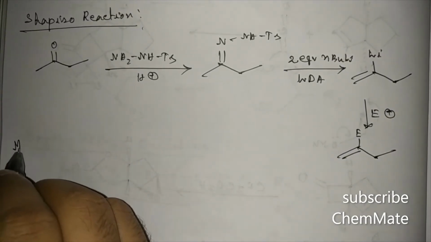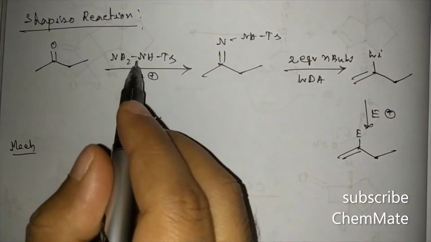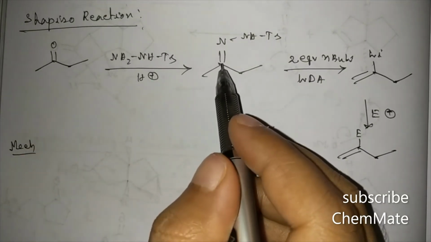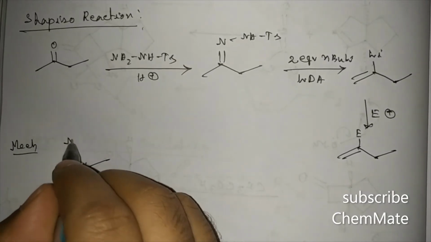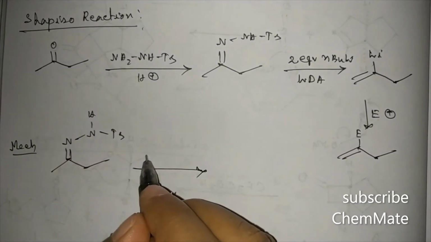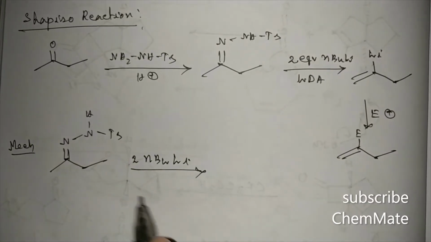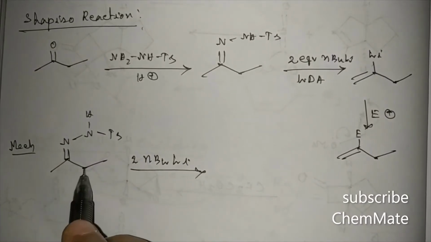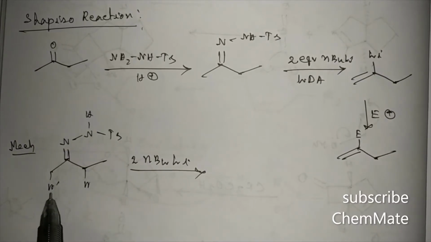So we'll discuss the mechanism. You all know the reaction between the tosyl hydrazide and the ketone. Here one molecule of H2O will be removed and a double bond will be formed, and if it is treated with two equivalents of n-butyl lithium, then this strong base will abstract two protons. This N-H is quite acidic, and between these two alpha protons, this one is more acidic.